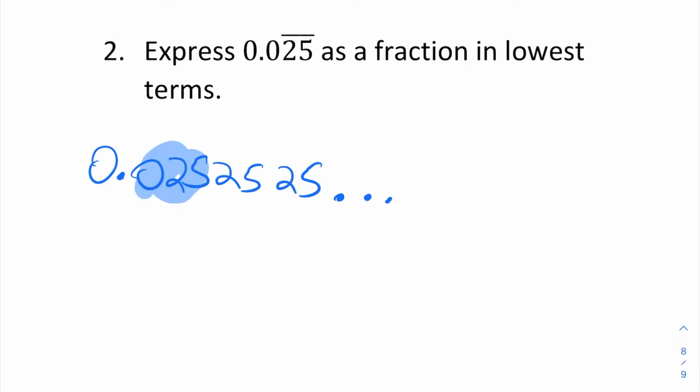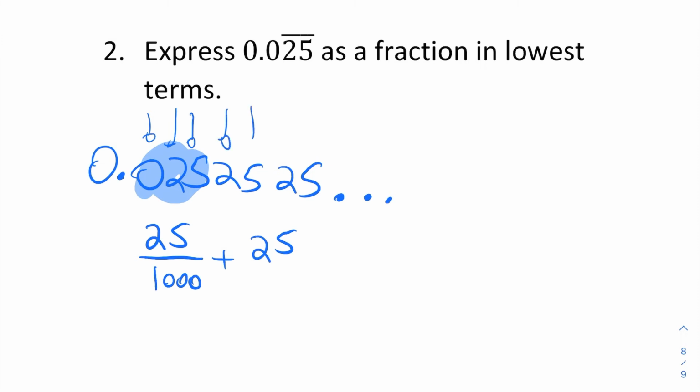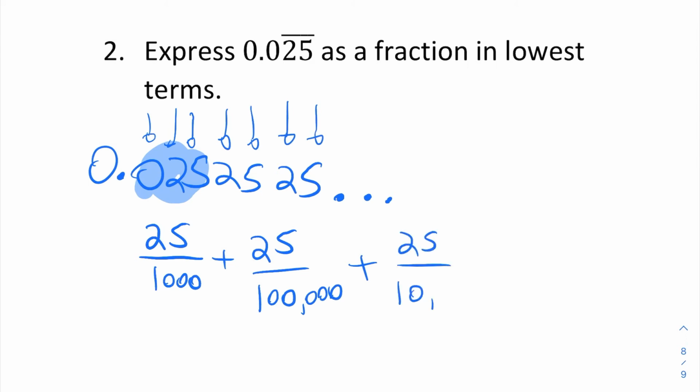The sum of those first three terms: we've got 25 over 1,000, plus the next one, 25 over 100,000, and then 25 over 10 million.